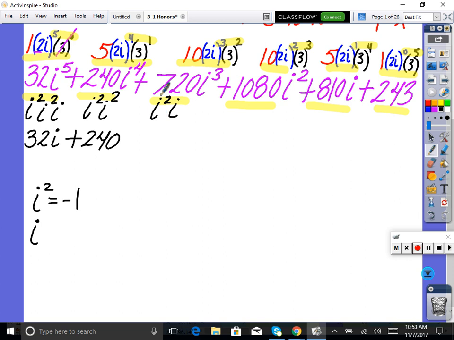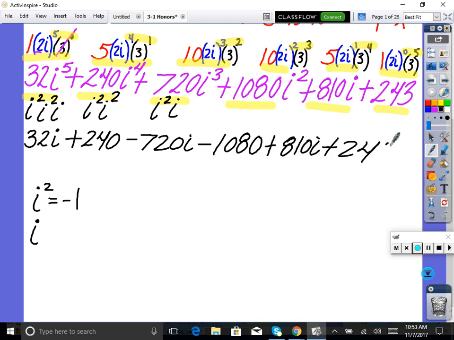So that would be -1 times 720 times i. So -720i. i squared is -1, minus 1080, and then plus 810i, plus 243.